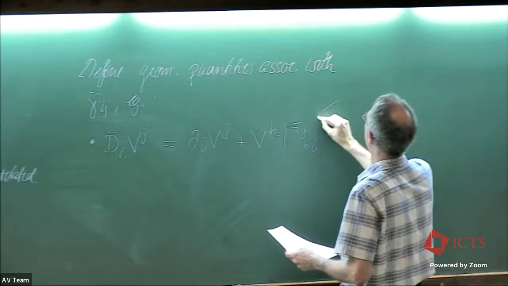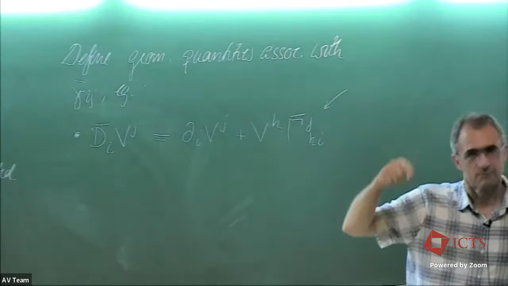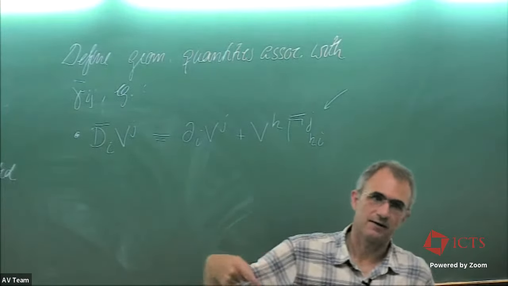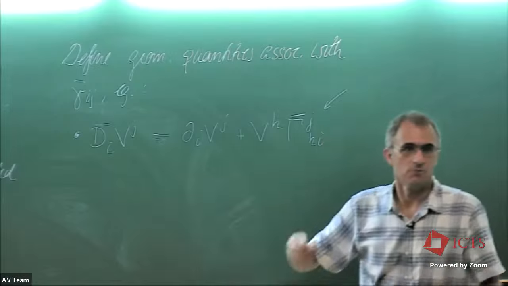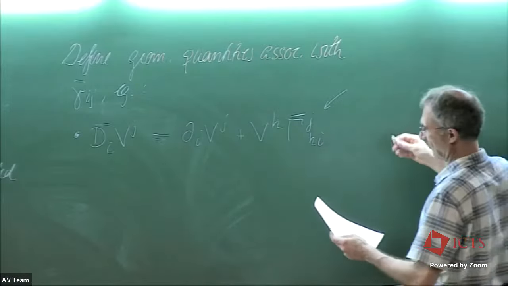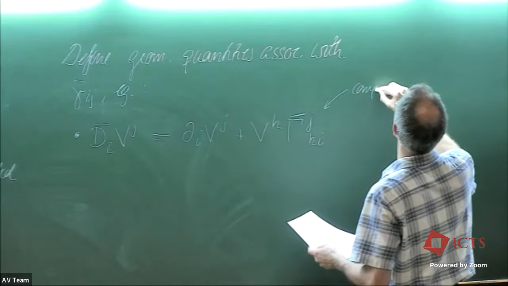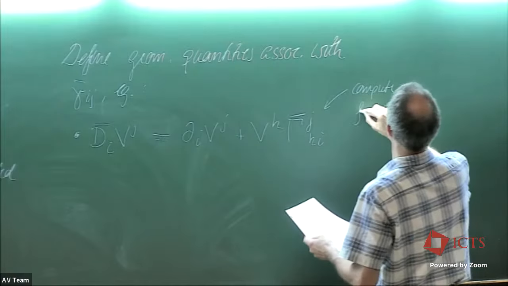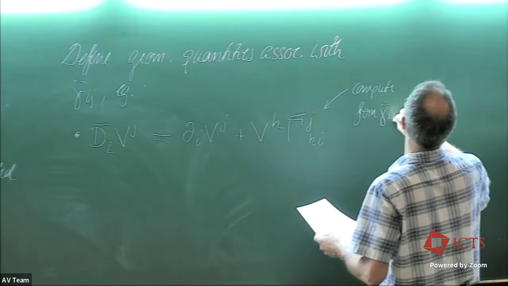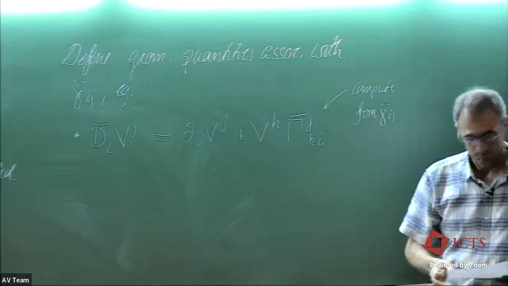And these gamma bars I now compute from the gamma bar ij in exactly the same way as you're used to from a different metric. Okay, so we compute this from gamma bar ij. All right.